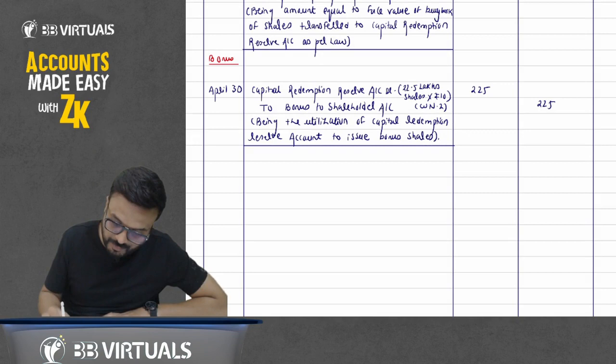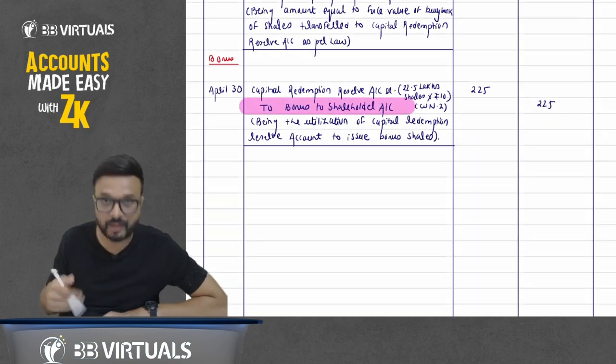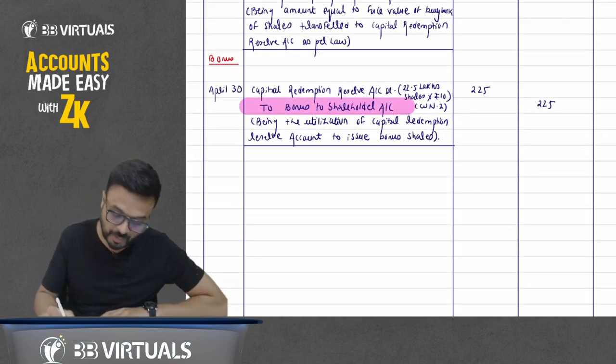Now first we have credited the bonus to shareholder account. Now we will cancel it, because we will actually allot them shares.